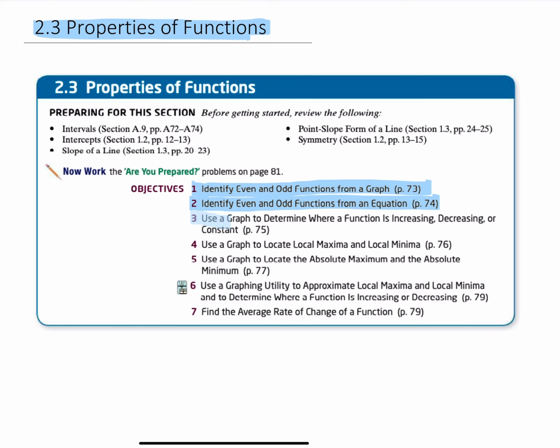We talked about where a function is increasing or decreasing or constant, where a function would have local minima or local maxima, also where it has absolute maxima or minima, and then we were looking at the average rate of change of a function over time. There was another section where they have you just use a graphing utility to locate the maxima or minima of a function. So you can play around with that too.